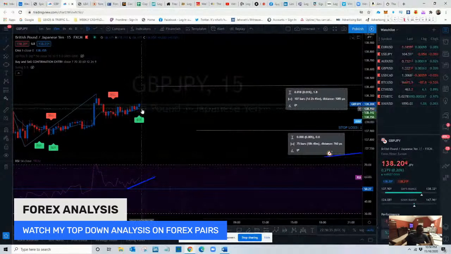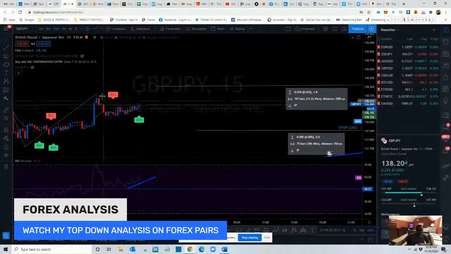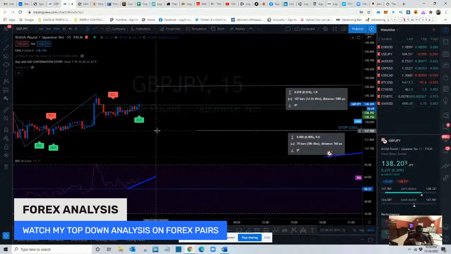I agree 100%, Alex, I see that too. So with this last candle, do you see it forming a strong bullish candle? What do you guys think? Yep.